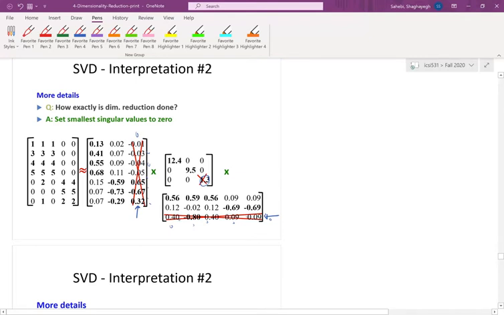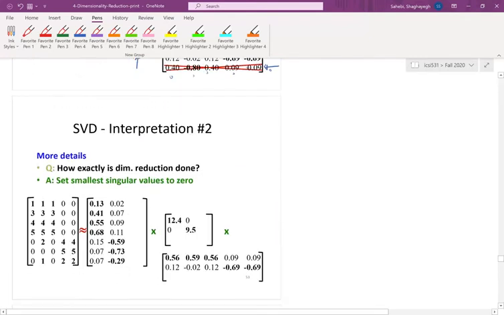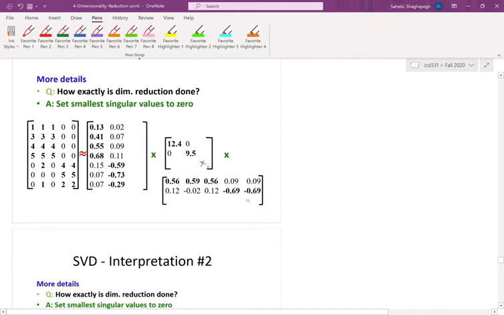So basically, it means that when I drop this guy, I'm dropping a row and a column also. So I'm going from r to r minus 1 if I'm dropping one singular value, right? If I drop r prime singular values, I go from r to r minus r prime.